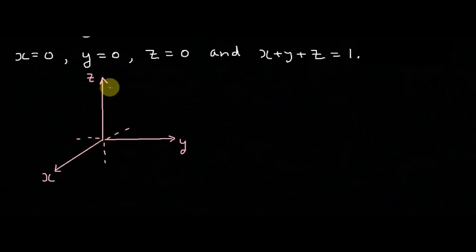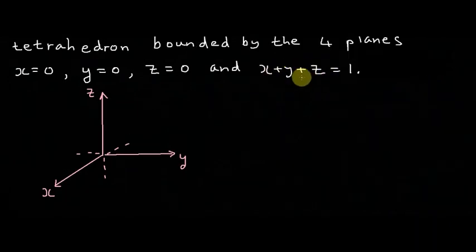And as we said, we're dealing with the first octant, so we just have to draw this plane in the first octant. We can get the intercepts with the axes by making x, y, and z 0 respectively. So we find that we have something like this, and the intercepts with the axes will be 1, 1, and 1.